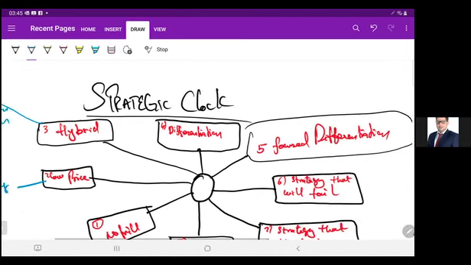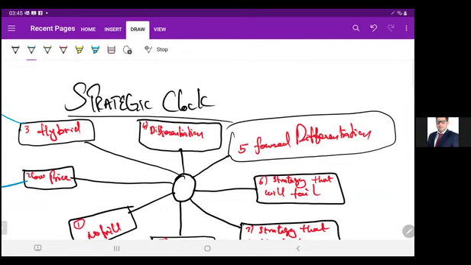Now, at four and five, you guys can see that we have differentiation strategies. Let me discuss the fourth first.